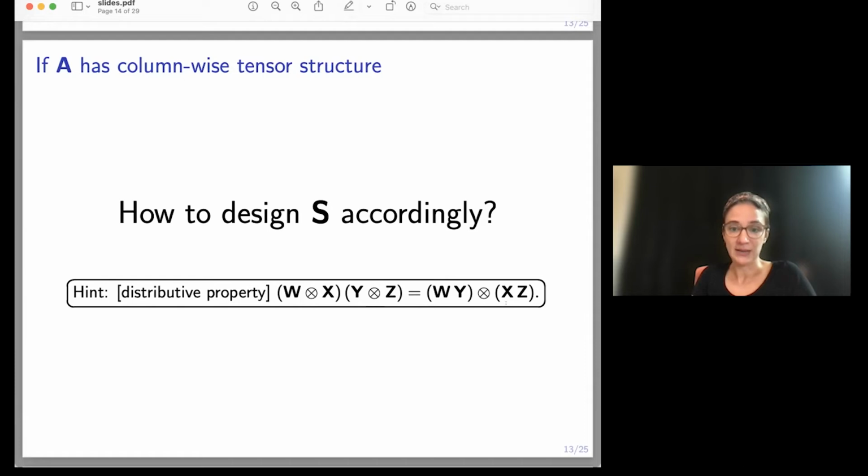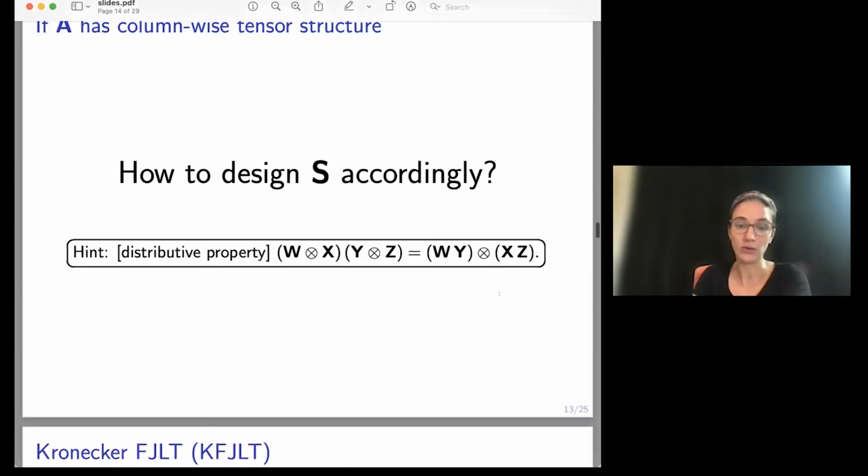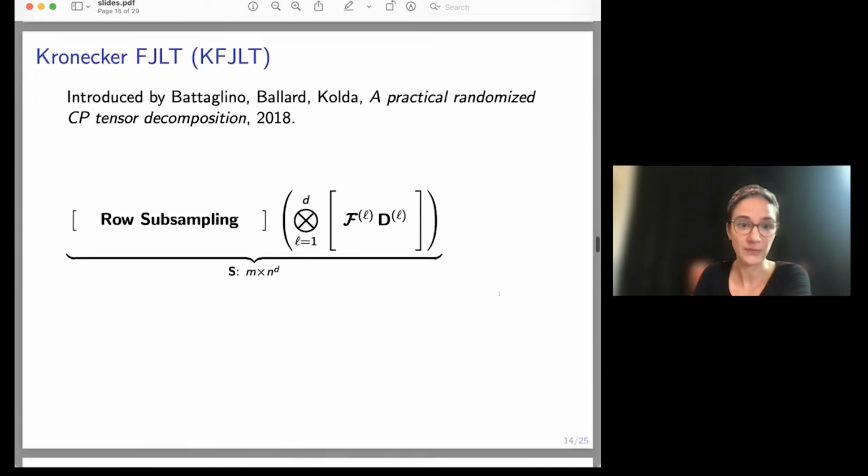And this hint suggests that if we do Kronecker products of little fast Johnson-Lindenstrauss matrices in the right way and form a sketching matrix out of that, then it's possible that having that act on a vector with the same tensor structure can be done mode by mode, so implicitly, without forming the whole tensor or the vectors.